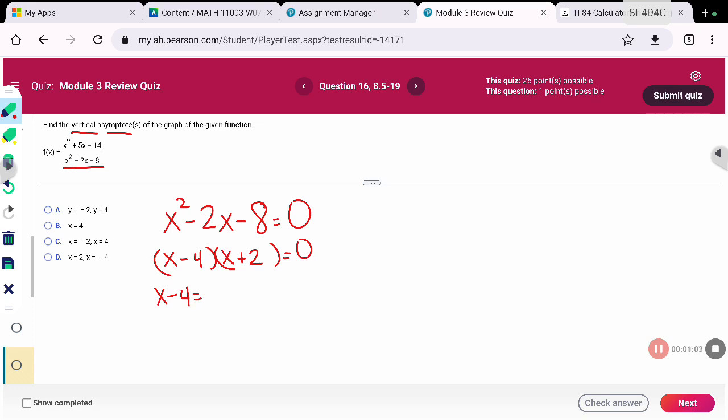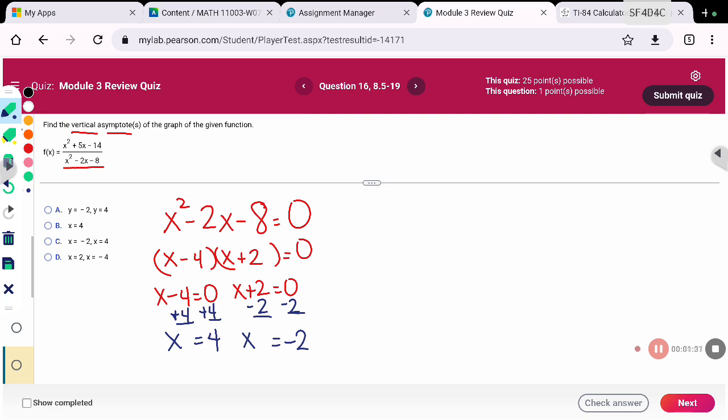Now I'll need to set these factors equal to 0 and solve them for x. So I will add 4 to both sides here. So I get x equals 4. And I'll subtract 2 from both sides here to get x equals negative 2. So those are the zeros of the denominator.